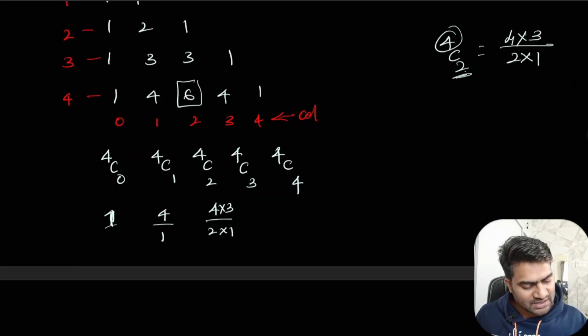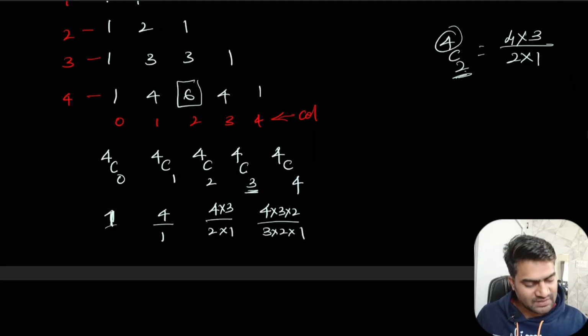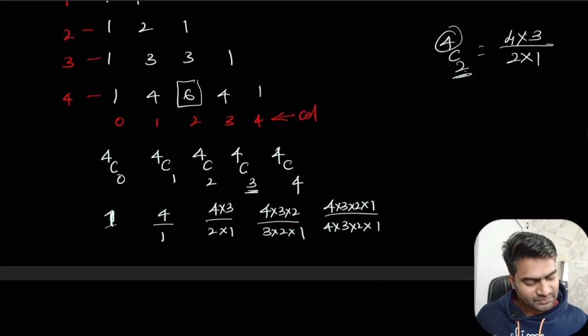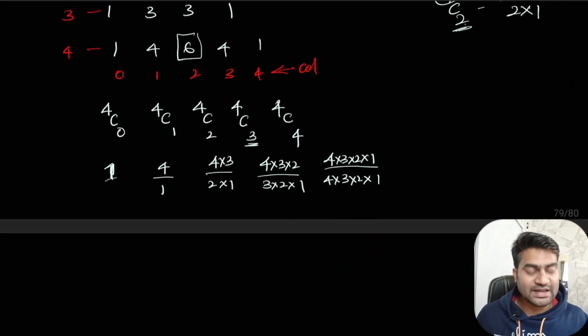Now the next value will be 4 into 3 into 2, because the value here is 3, divided by 3 into 2 into 1. Next, 4C4 will be 4 into 3 into 2 into 1 divided by again 4 into 3 into 2 into 1.